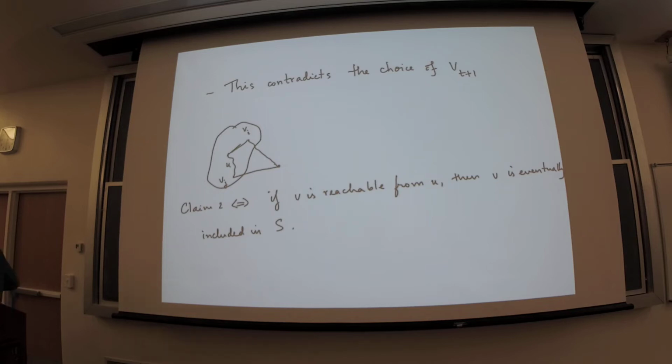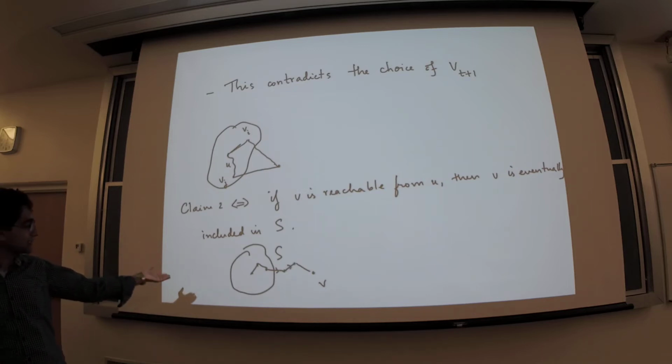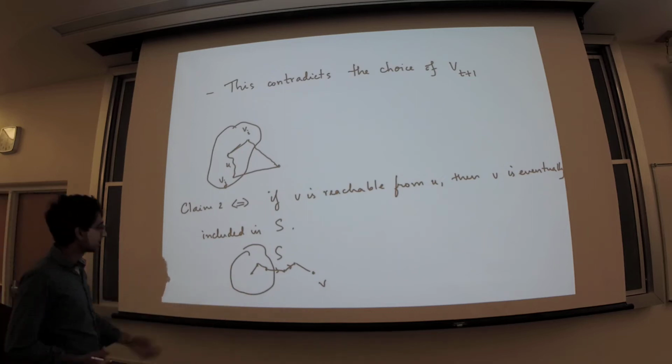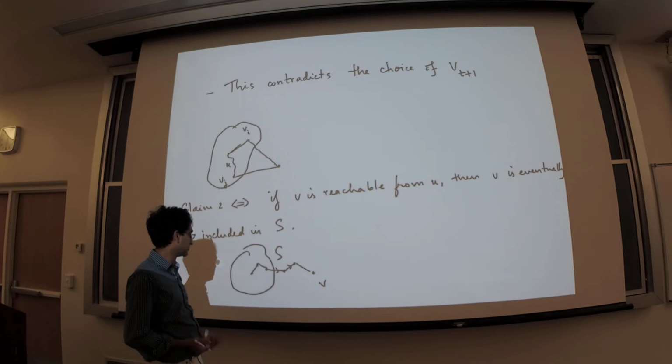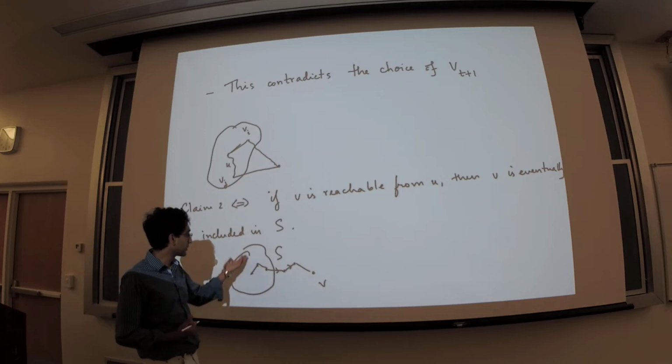Right, and what he's saying is basically, suppose S is some set, and S no longer grows. So S has stopped growing, and now you have some V outside, and this one was not reached. Now there is some path that goes out, because V was actually reachable from U. So there must have been some path. Okay, so there must have been a first time that an edge crosses S. And now you should ask the question: so why has S stopped growing?